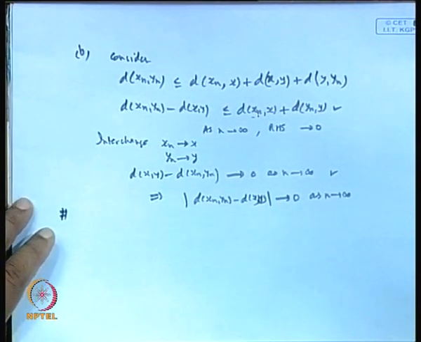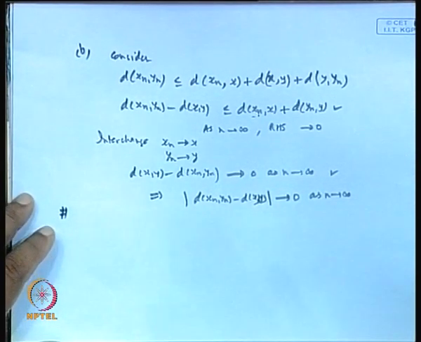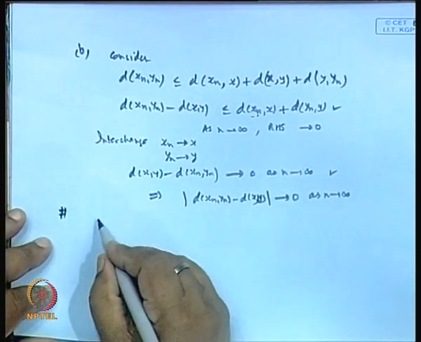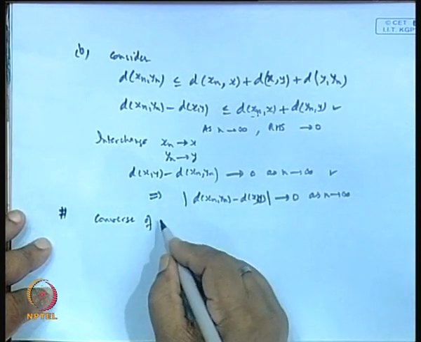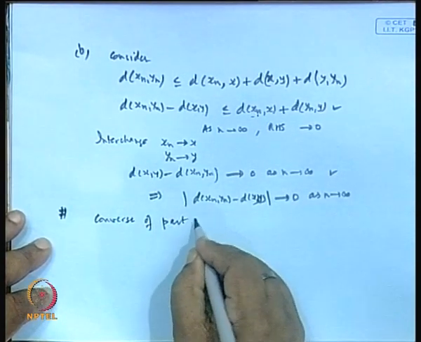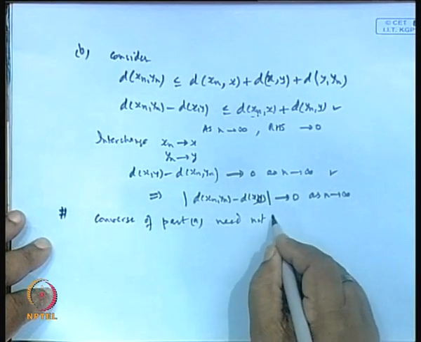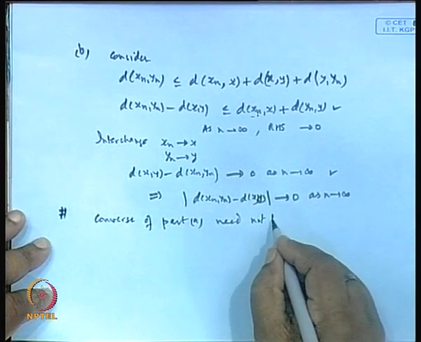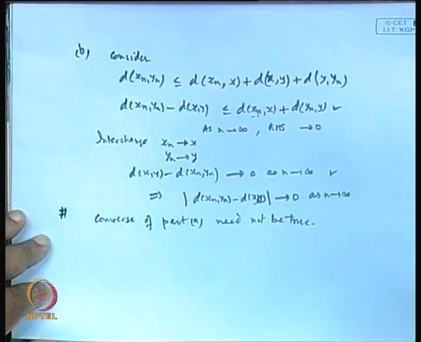Now, so far we have considered the convergence of the sequence and the corresponding sequence set to be a bounded set, and the relation between convergent and bounded. The converse of part A need not be true always.